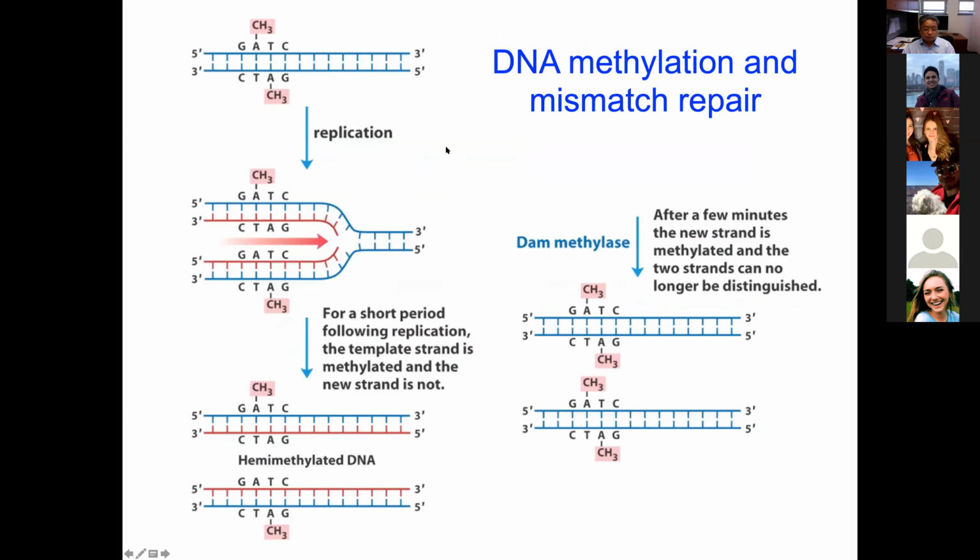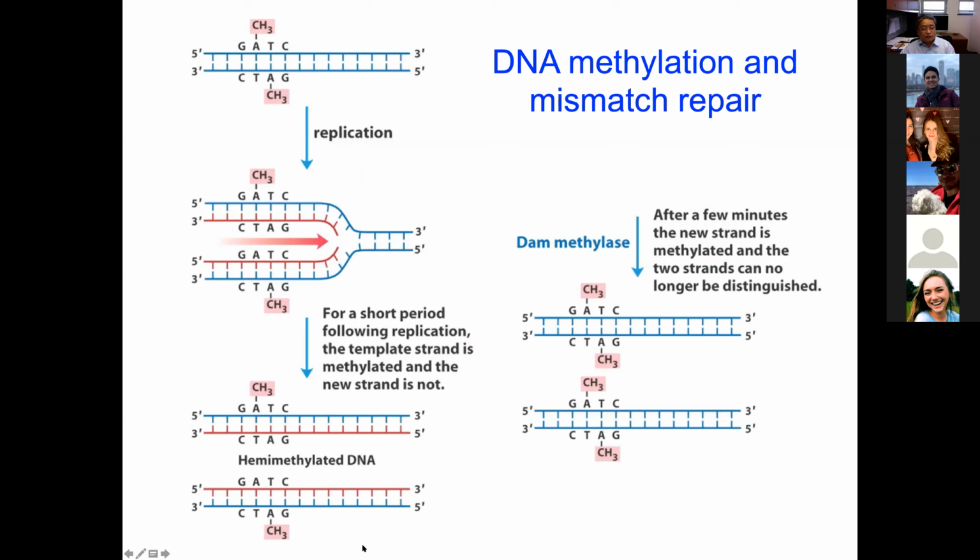So in bacteria, the DNA replication process actually involves a modification of the DNA. And you see, these are the original template DNA. They have a methylation at a certain adenine base in this GATC sequence. And when the DNA gets replicated, the newly synthesized strand, even though it contains this GATC, is not modified.